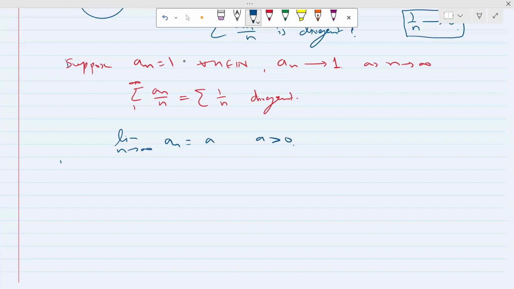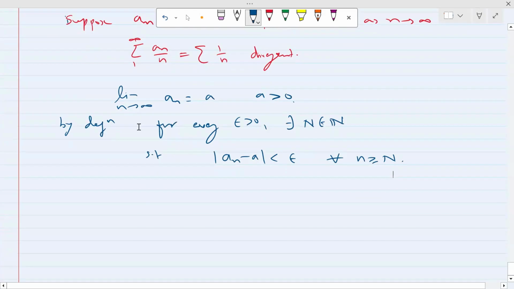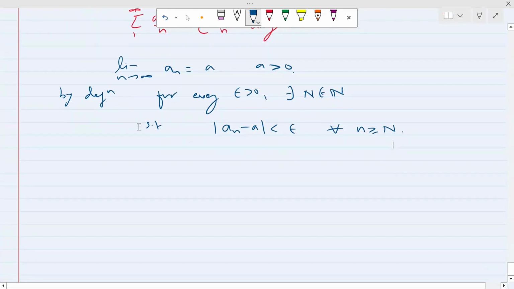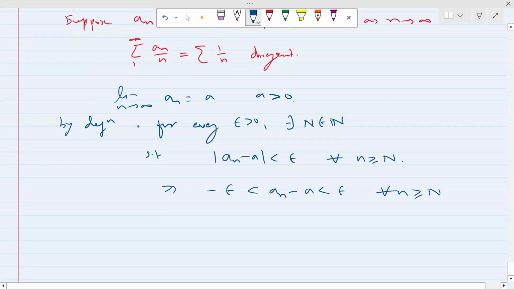Given epsilon greater than 0, there exists a natural number N such that mod of an minus a is less than epsilon for all n greater than or equal to N. Expanding this inequality, minus epsilon is less than an minus a, which is less than epsilon, for all n greater than or equal to N. Then adding a, a minus epsilon is less than an, which is less than a plus epsilon, for all n greater than or equal to N.